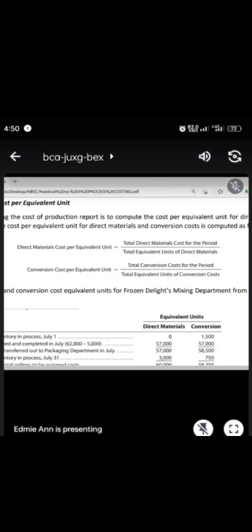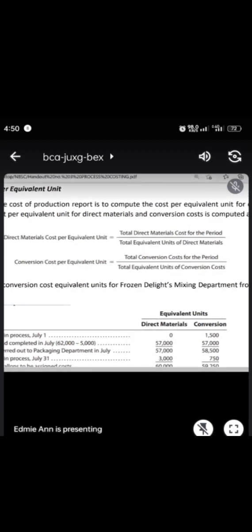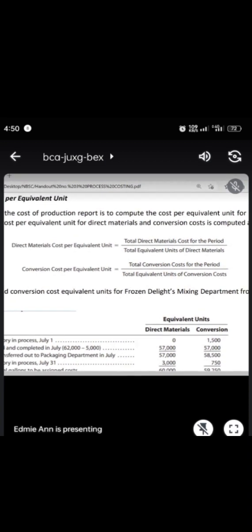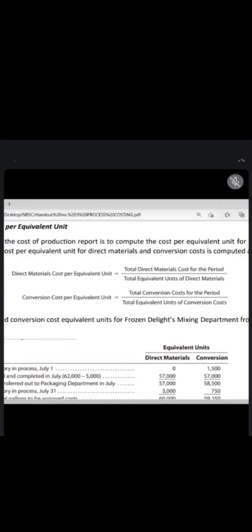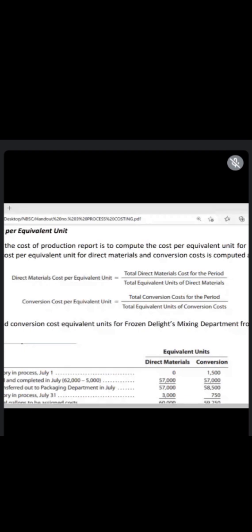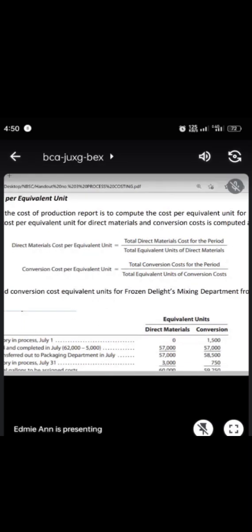We have the total direct materials cost for the period, for the month of July, all the materials used by the mixing department, divided by the total equivalent units of direct materials.